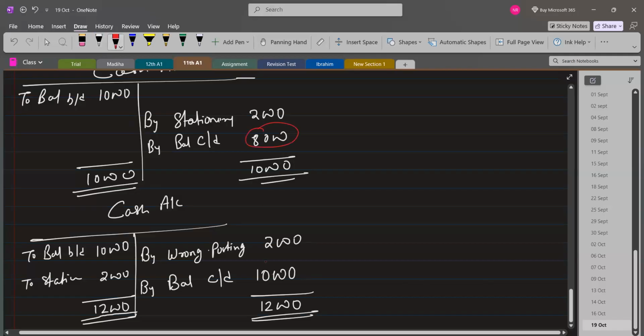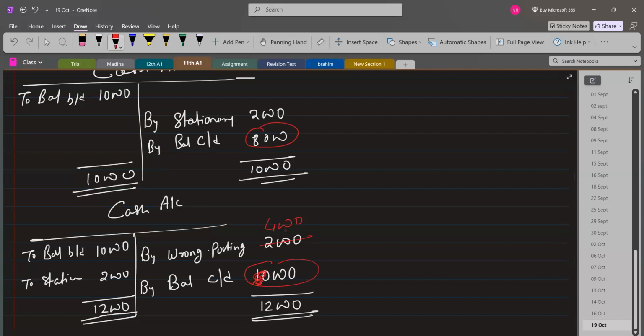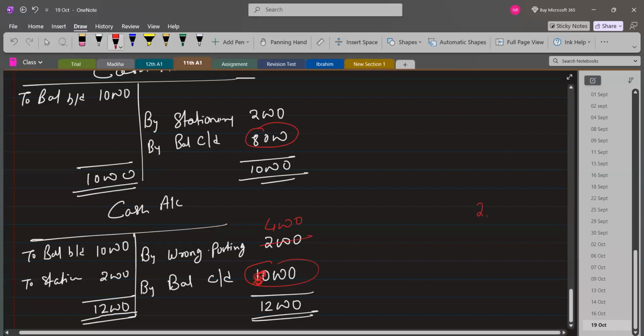It's not correct because the balance should be 8,000. It is 10,000 here. So we have to write 4,000 here. Then it will be 8,000. Now the question is why we are writing 4,000 and our answer is matching. First, 2,000 on the credit side is the original one. It should be written on the credit side. And the second 2,000 is to correct this amount.